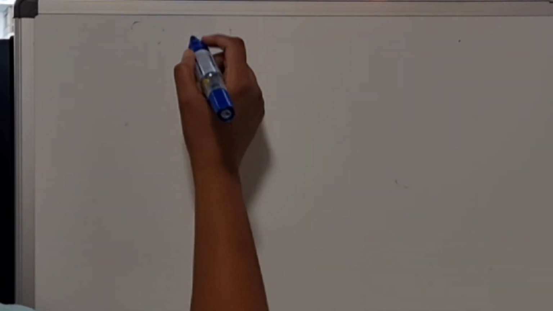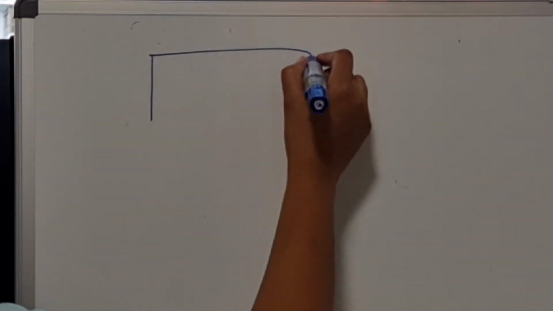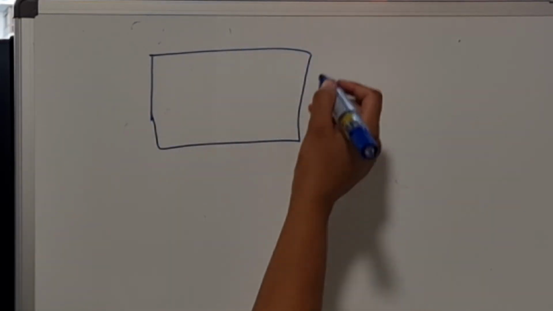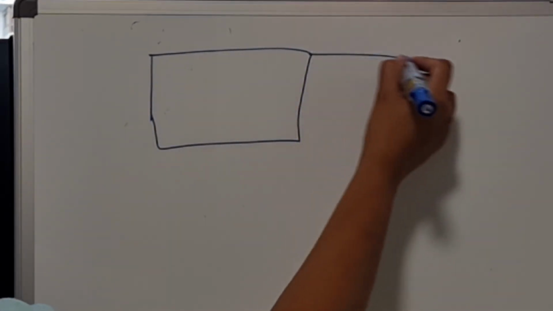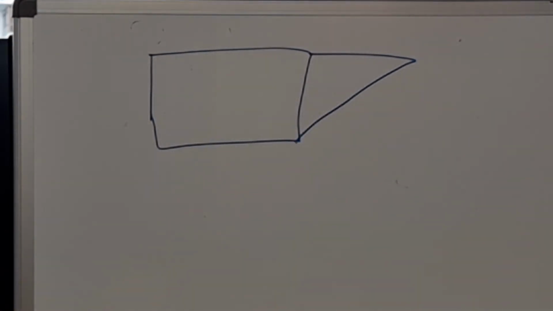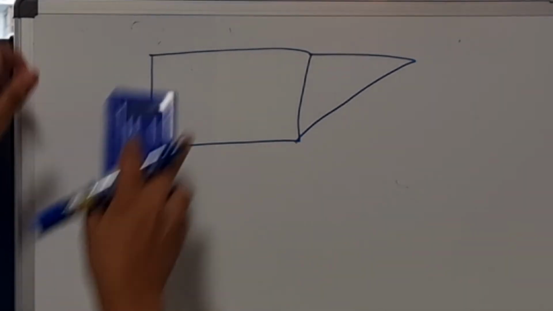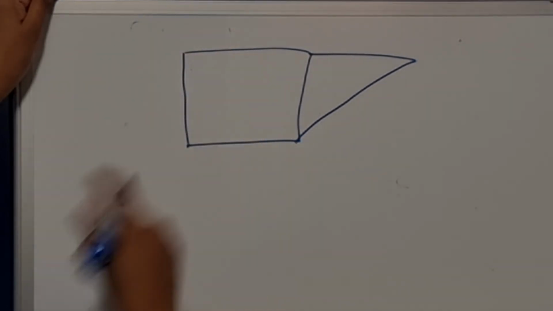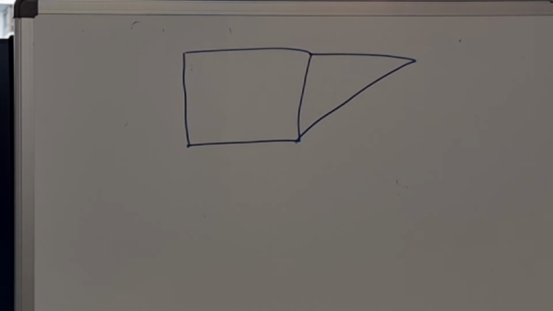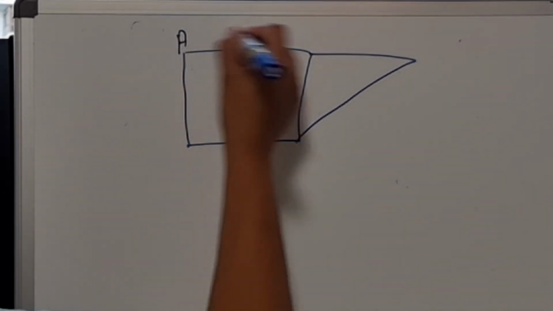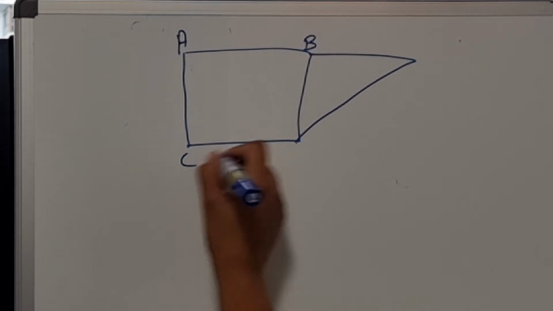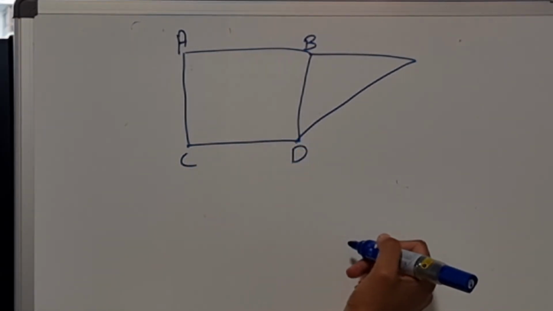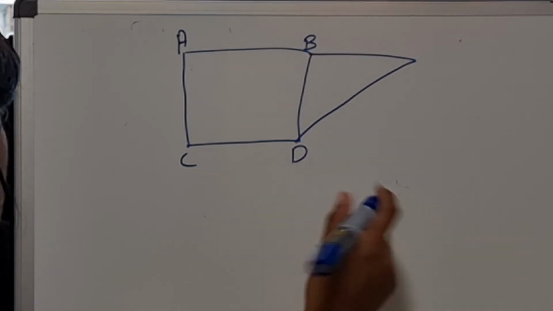For instance, we have a square, okay, and a triangle. So A, B, C, D. Oops.